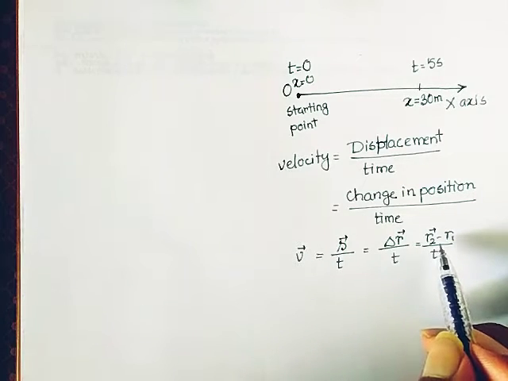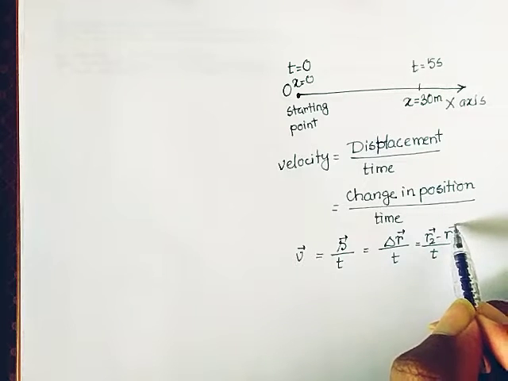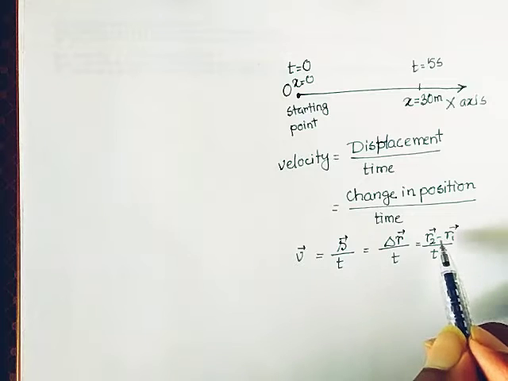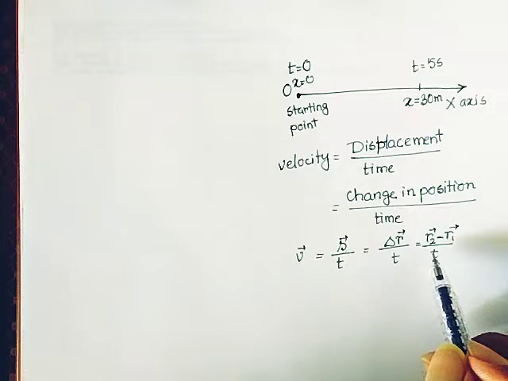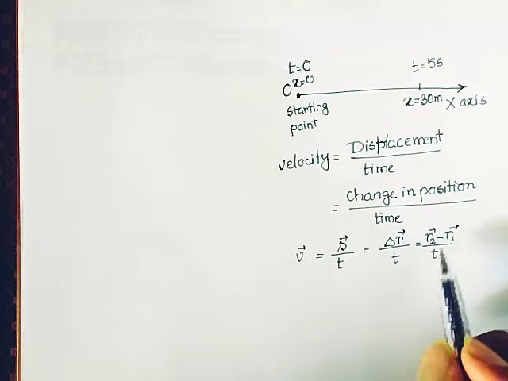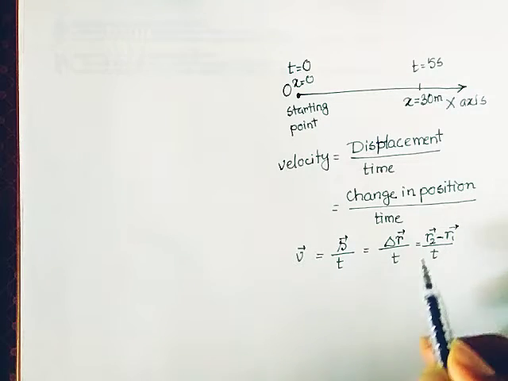R2 vector is the final position, that denotes the position vector of the final position, and R1 vector denotes the position at the initial point. So this basically represents the velocity.